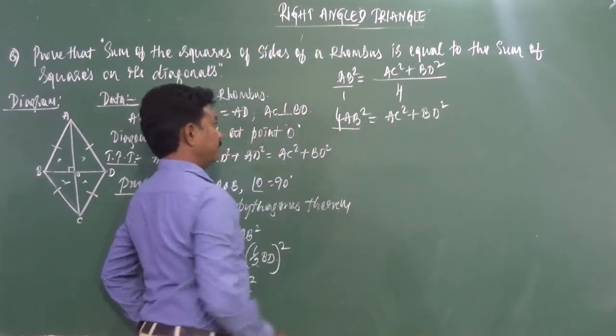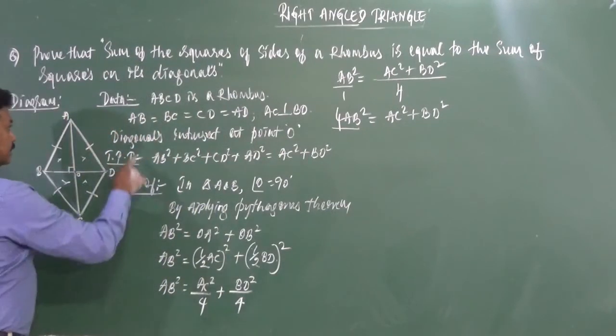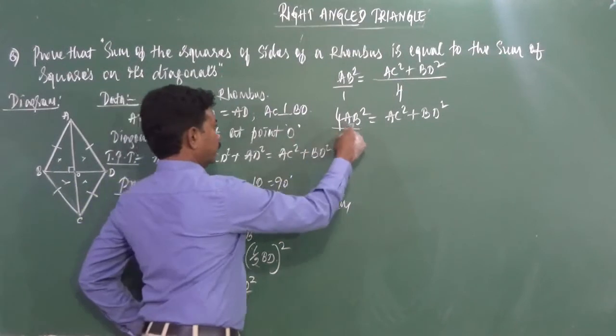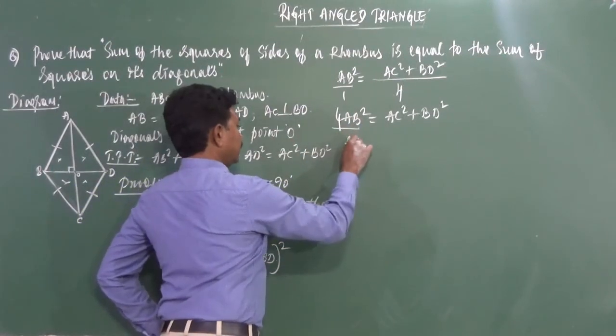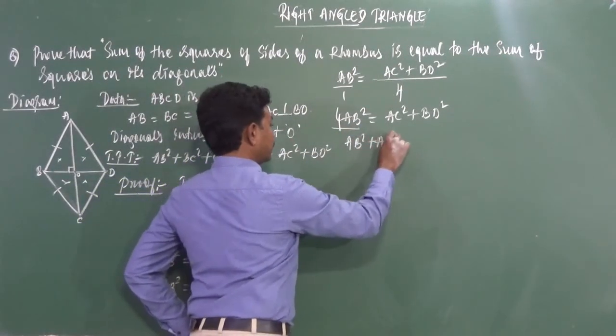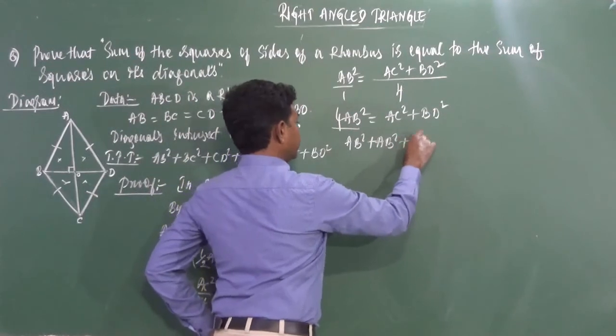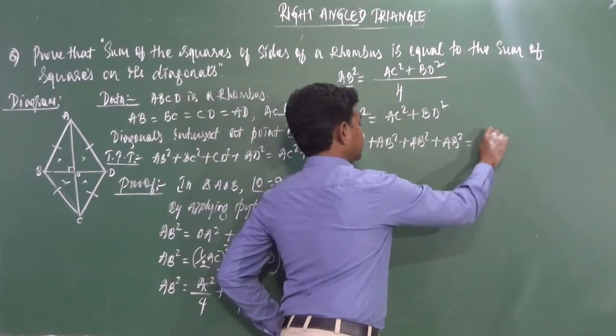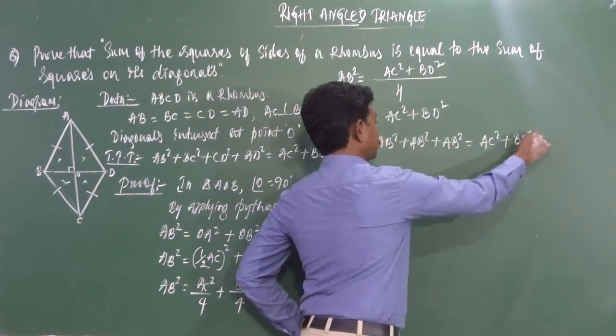Here we have to target 4 AB square, because AB is equal to BC is equal to CD is equal to AD. So this 4 AB square can be written as AB square plus AB square plus AB square plus AB square is equal to AC square plus BD square.